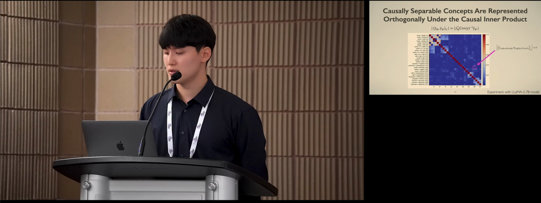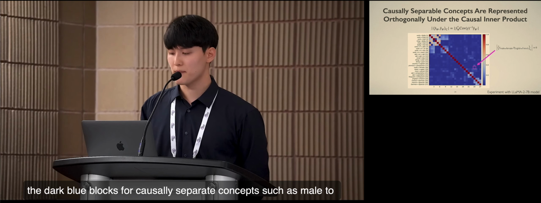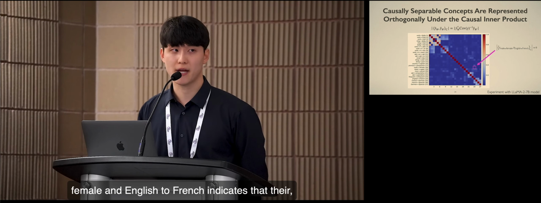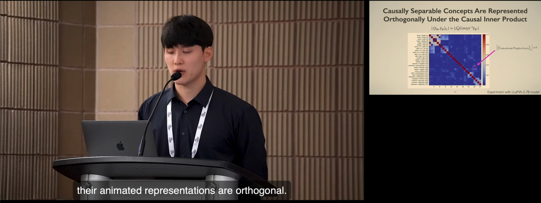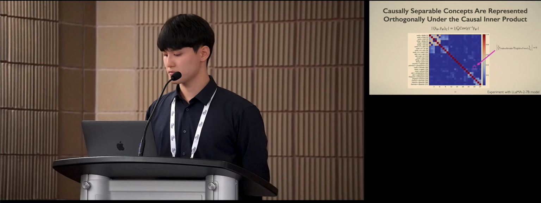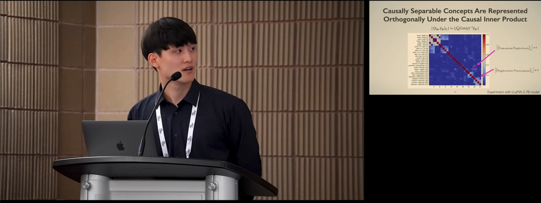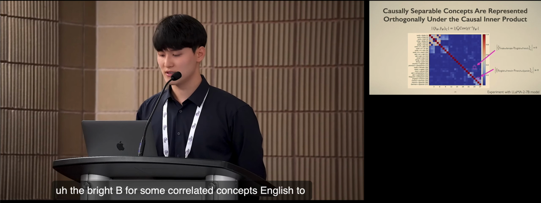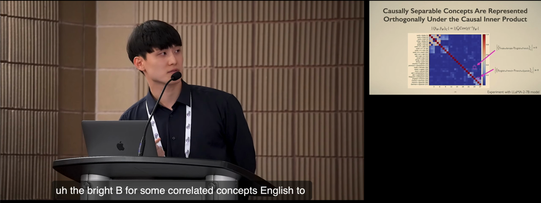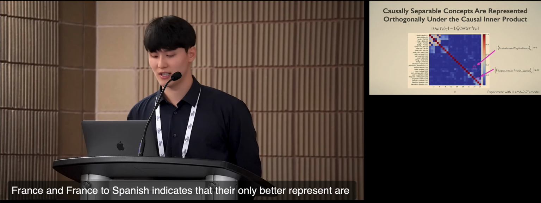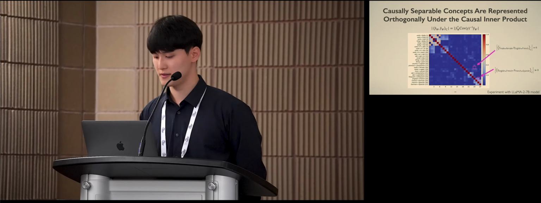For example, the dark blue blocks for causally separable concepts such as male to female and English to French indicate that their unembedded representations are orthogonal. On the other hand, the bright blocks for some correlated concepts, English to French and French to Spanish, indicate that their unembedded representations are not orthogonal.